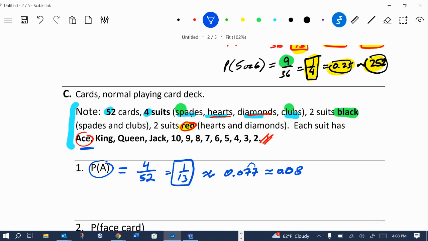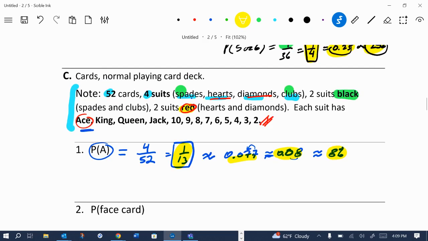The third 7 rounds the second one up to an 8, so that's 0.08. And of course, if we wanted to make that a percent, we'd move the decimal over twice, and we get 8%. So our answers would be either the fraction, one of those decimals, or the percent.